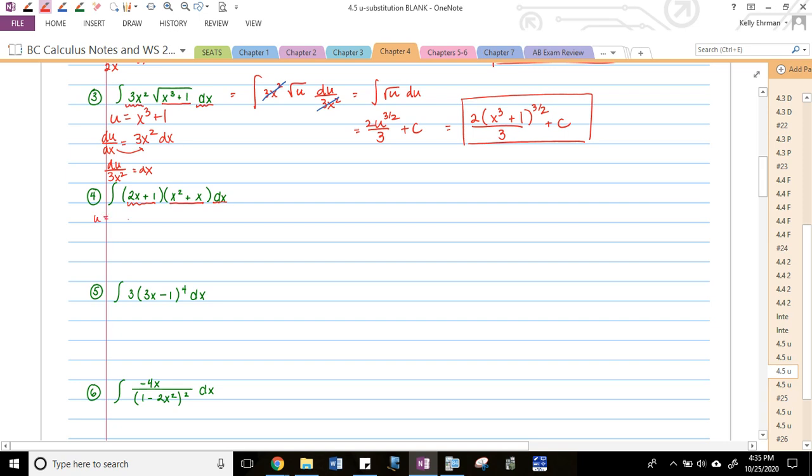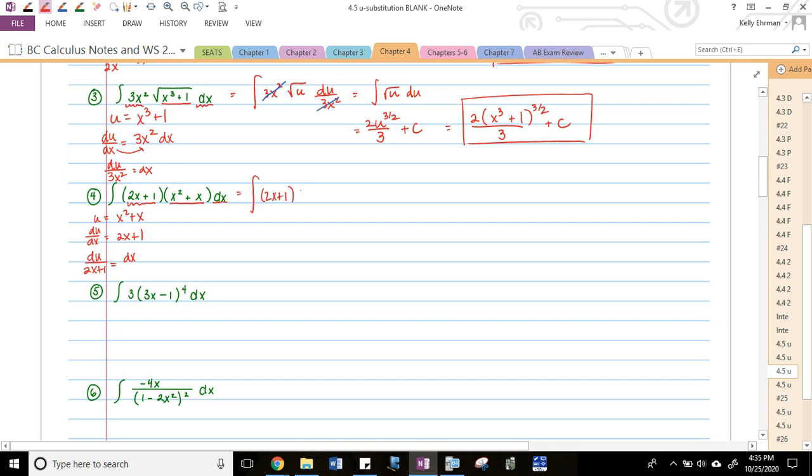So let's let u equal x squared plus x. So then du dx is 2x plus 1. So du divided by 2x plus 1 is going to be dx. And then we integrate.